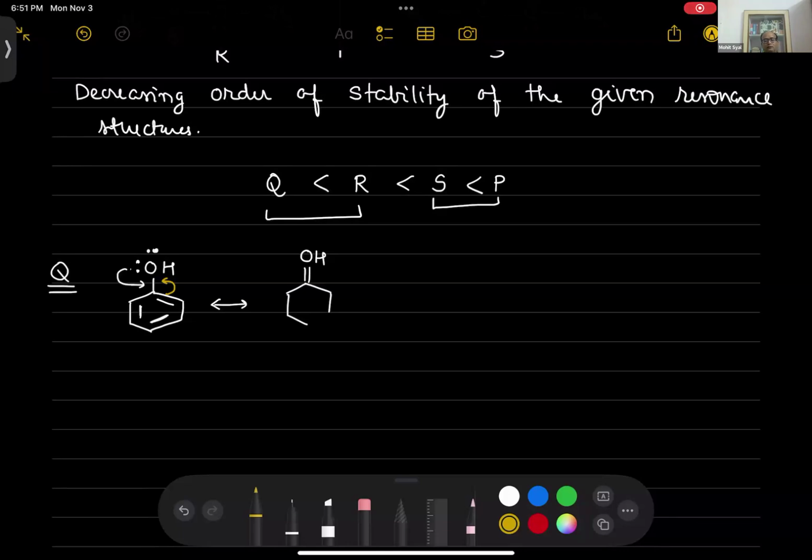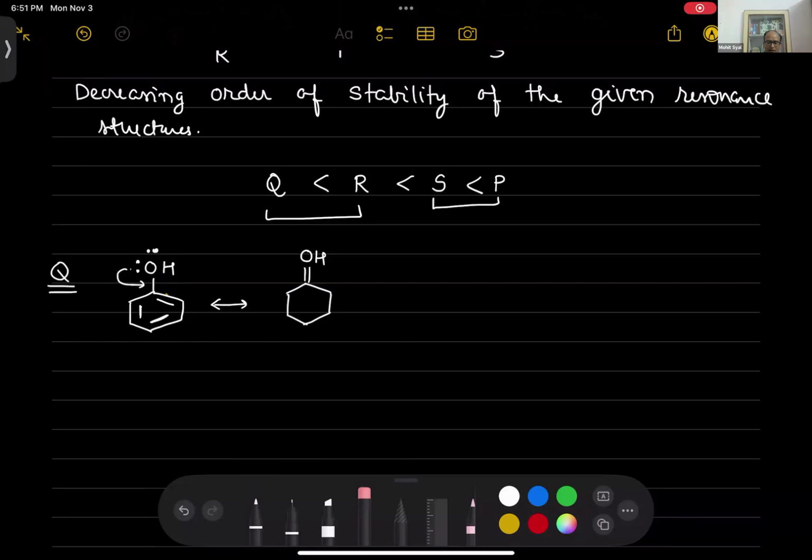The first white arrow is the right representation. Because the lone pairs are just sitting idle, they can be shared with the double bond, right? Clear?